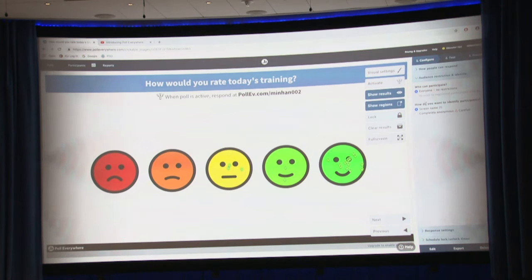The answer is anonymous, unless your students actually signed up for Poll Everywhere or Mentimeter, so they have their own account and they answer your question through their own app. In that case I could see that this answer comes from this person. But otherwise, I cannot tell who answered what or how many questions the person answered.